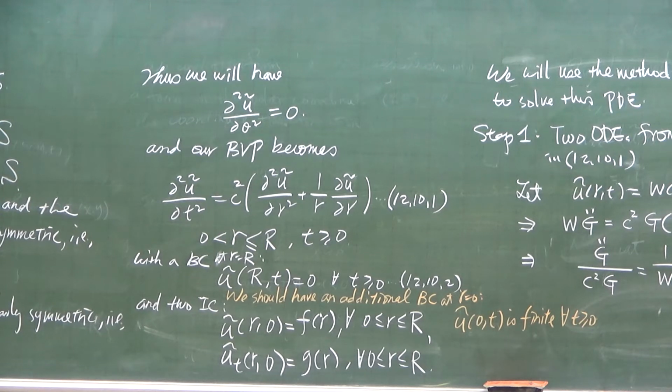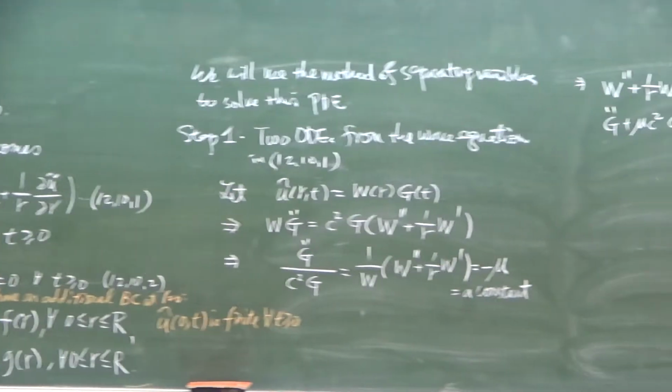And G double dot plus mu c squared G equal to 0. That is 12.10.6. So we have two ODEs.